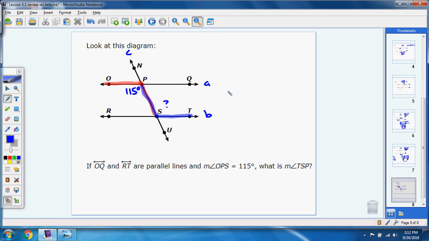Now, some problems may ask again for your vocab term, and that's why we're focusing on identifying what it is. So if you notice, these are left and right of the transversal. So that's on the left, that's on the right. They're both on the inside. Again, this is alternate interior angles.